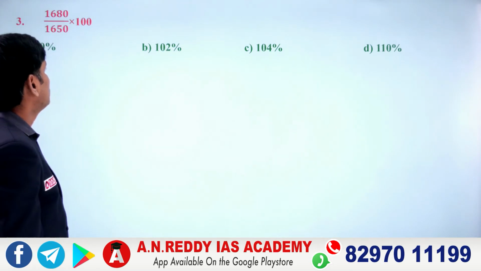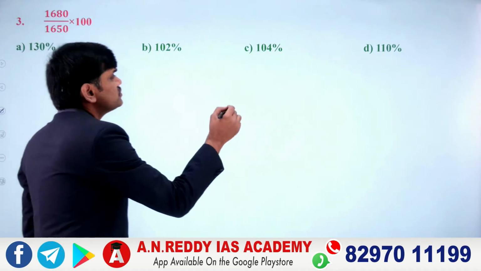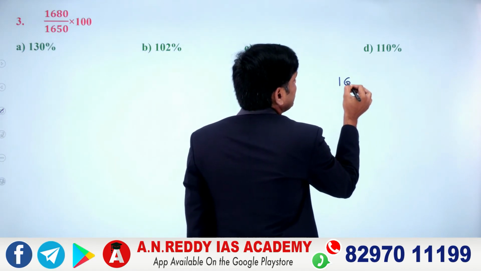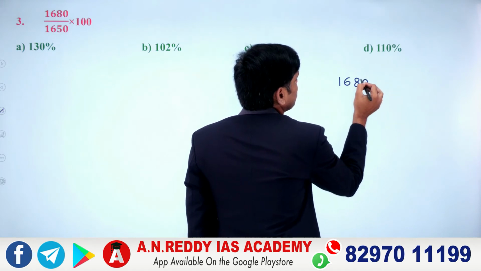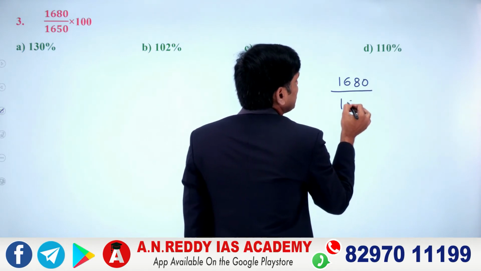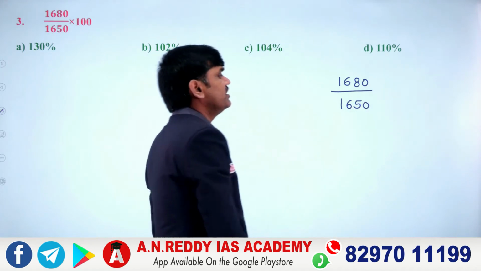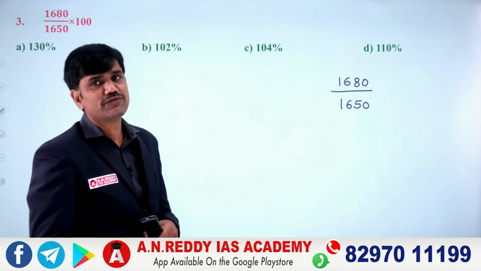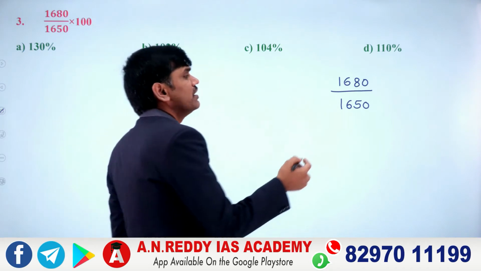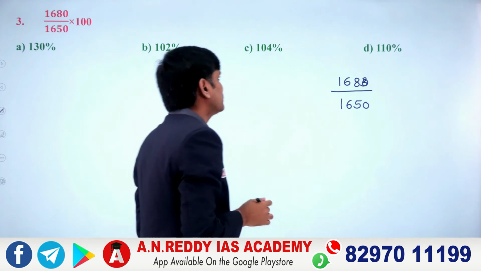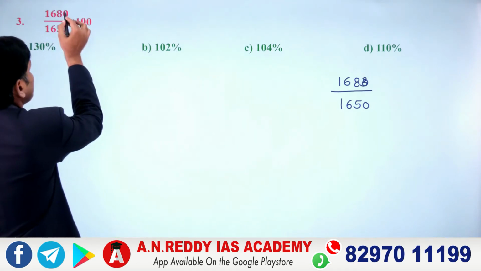1680 by 1650 into 100. Actually it is not 1680, it is 1683. There is a small correction here. Please correct that one.